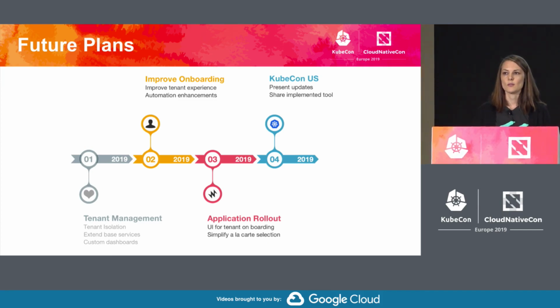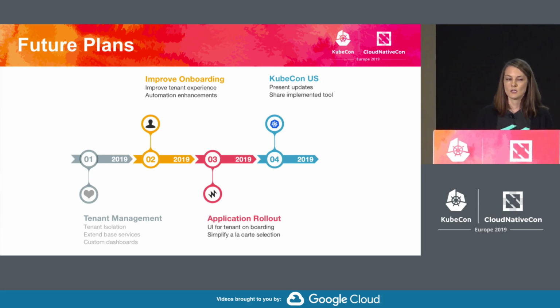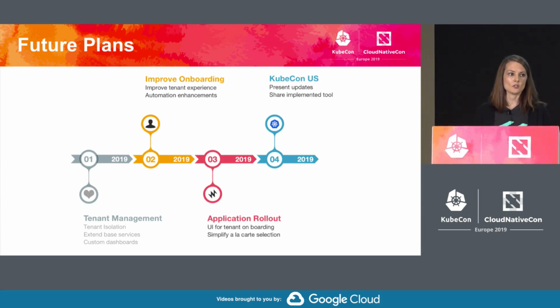Next quarter, we'll be rolling out an application, which is a UI for tenant onboarding, which will greatly simplify the process and allow them to select some custom dashboards and other customizations for their unique pattern. And then finally, at the end of this year, we plan to be back at KubeCon in the US to present some updates and also share this tool we will be rolling out shortly.